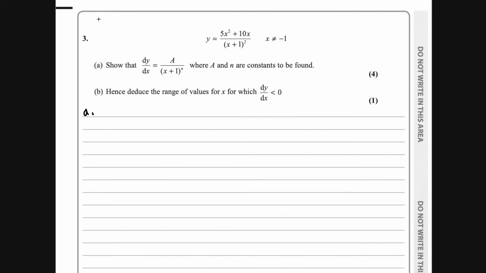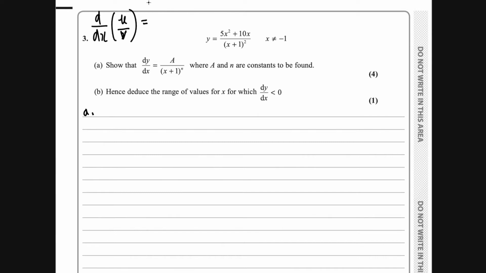And for those of you that may have forgotten this, the quotient rule is that wherever you're trying to work out the derivative of a particular function, we've got an x function on the numerator, and we'll call that u, and an x function on the denominator, which we'll call v.